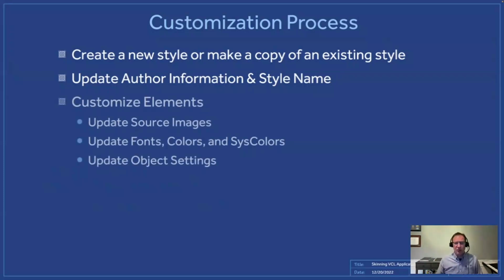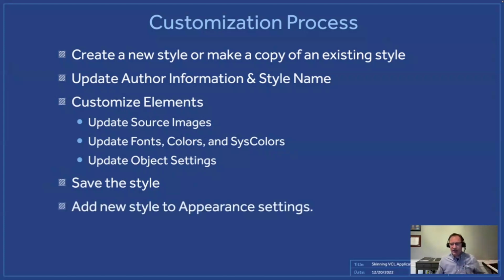Then we learn all about how to customize the various elements. The simplest is to update the source images. Then we can dig deeper into the coloring. And then if we really want to tweak things, we can actually modify the objects. And we're going to cover all of those. Save your style, add it. Once we save it and we know where to save it, it's going to automatically show up in the IDE for us to select.